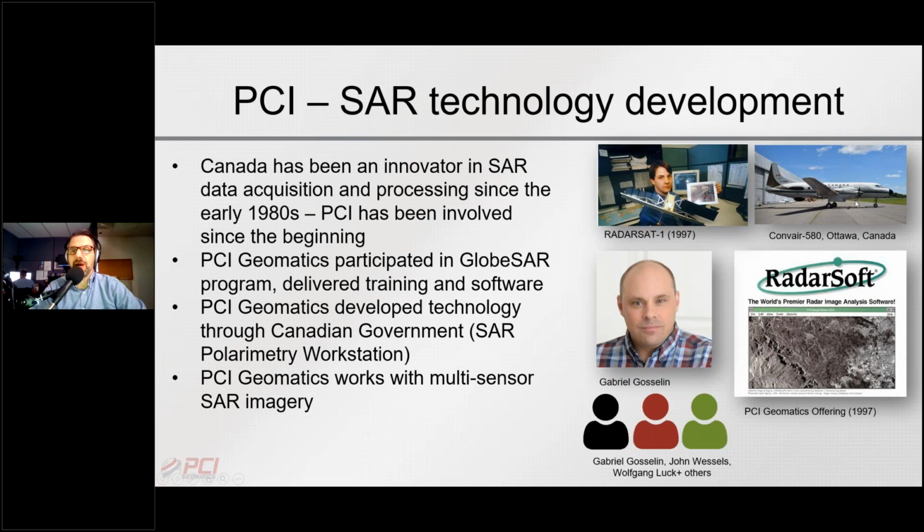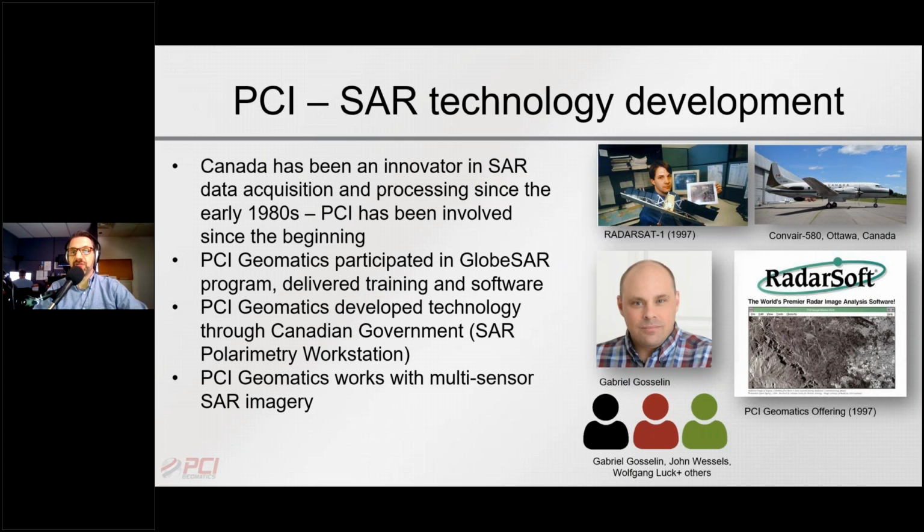I think it's now housed at the Canadian Aviation Museum. So that is a key airborne radar system that was developed that was initially used for ice monitoring in Canada, then was replaced by RADARSAT 1. But a lot of the science and a lot of the innovation that happened in Canada was fueled by the Convair 580. So we were there at the beginning. We wrote some software to read the data and process the data and so on.